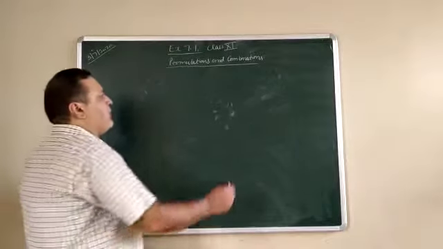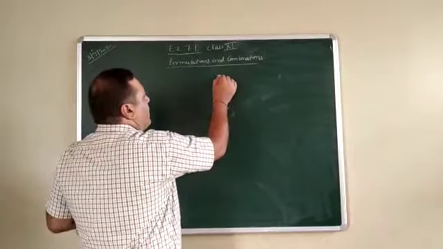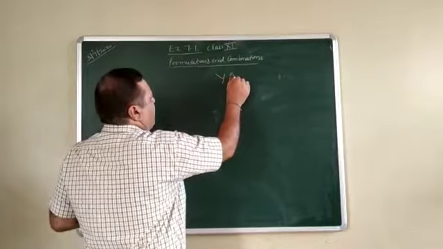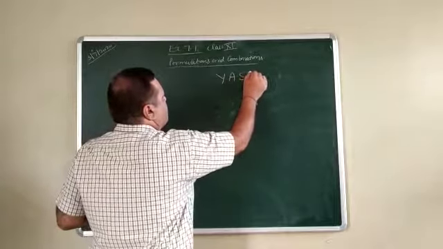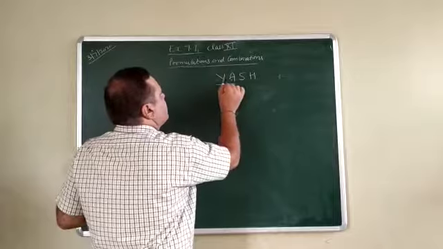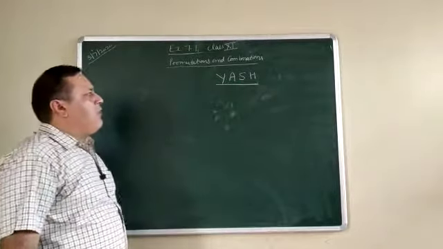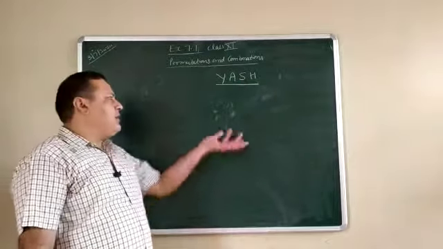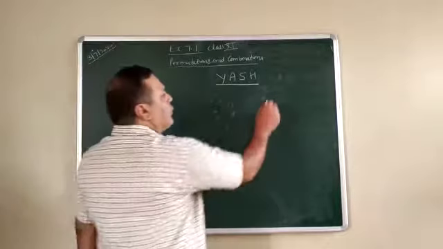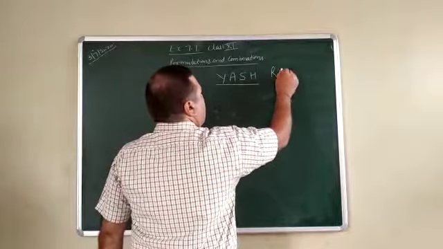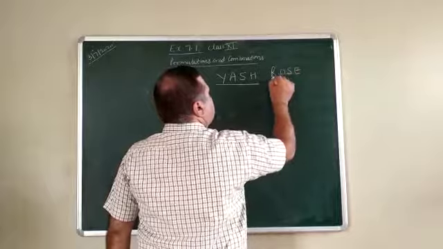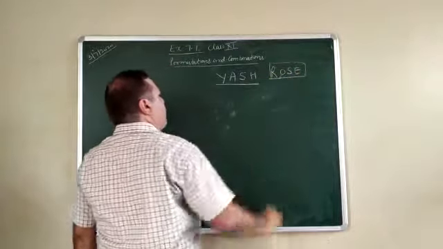For example, we have a name, YASH. It is a 4-letter name. Any other 4-letter name, like ROSE, is also a 4-letter name.